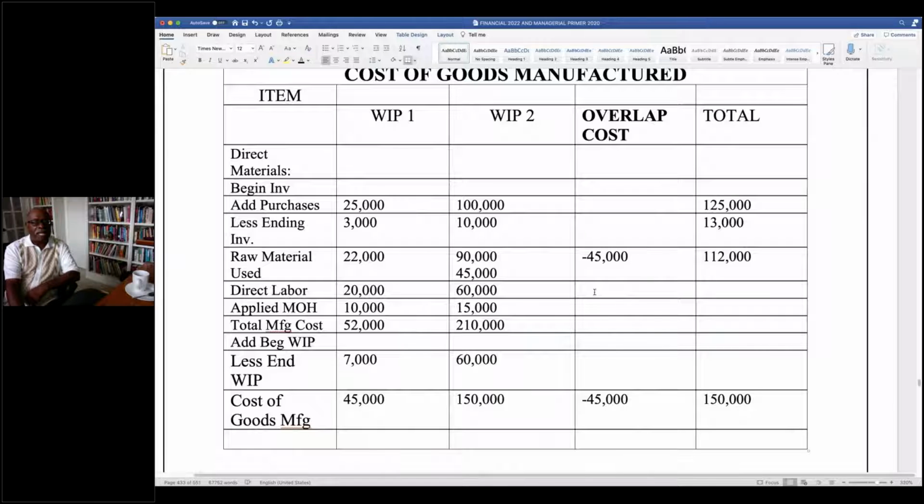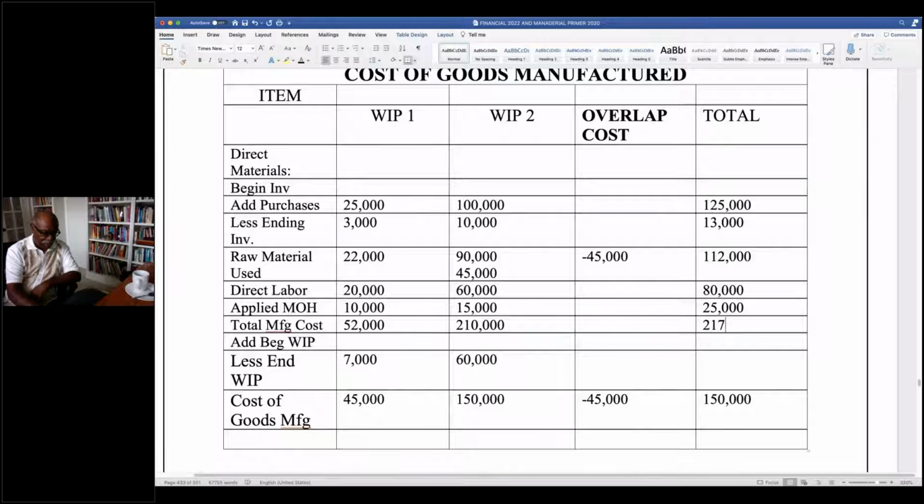The labor, 80,000. Plant manufacturing overhead, 25,000. Total manufacturing costs, 217,000.